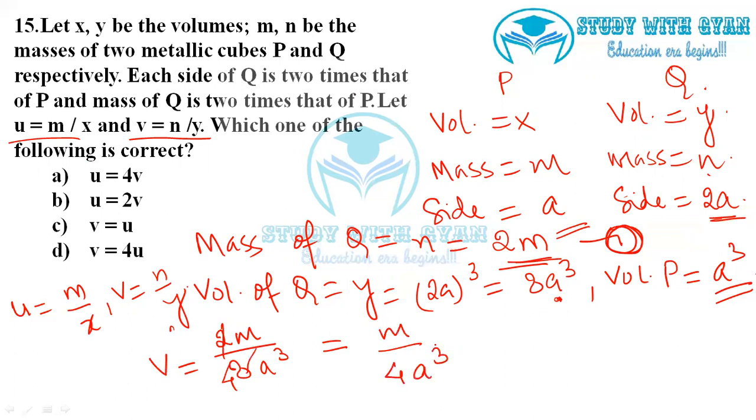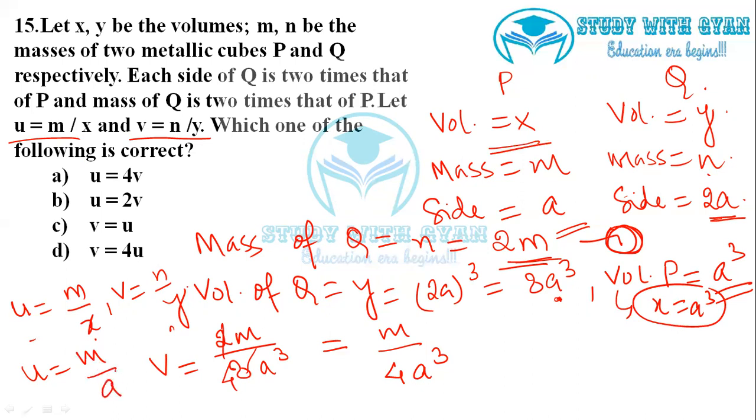Now u equals m upon x. So what is the value of x? x is the volume of P, which will be equal to a cube. So x equals a cube. So you can simply say u equals m upon a cube. Fine. So v equals 1 upon 4 times m upon a cube.